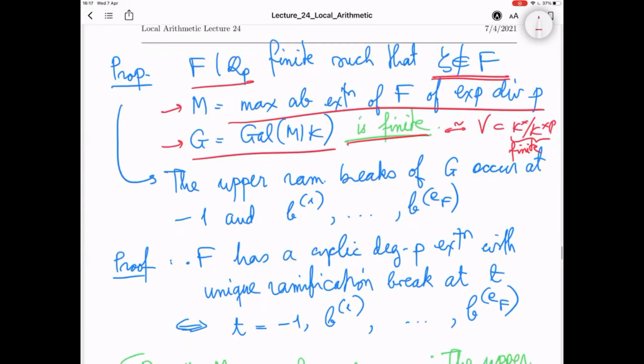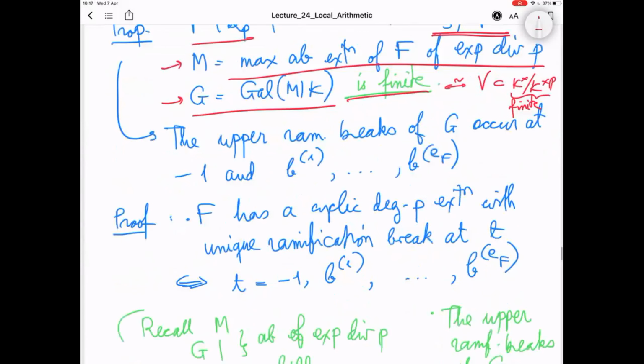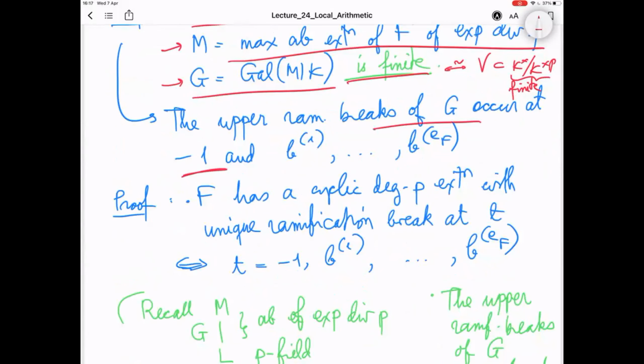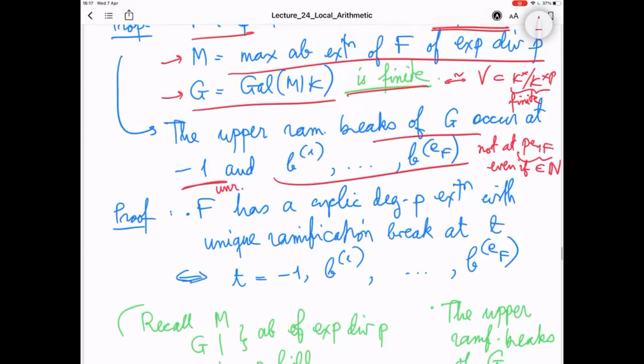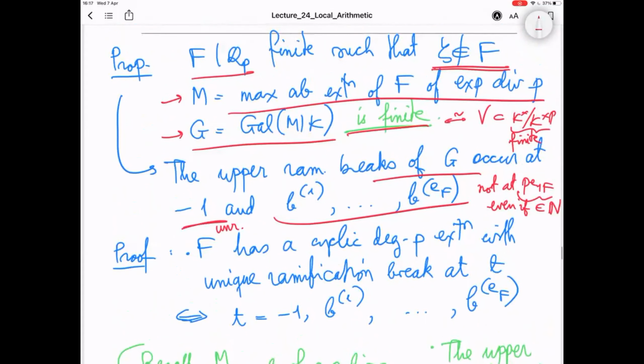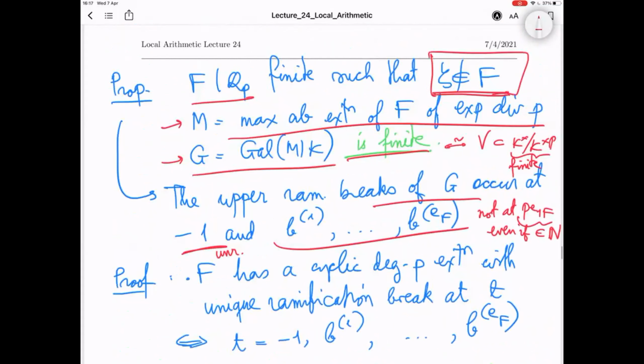Okay, so G is finite, and the upper ramification breaks occur at -1, this is the unramified case, and at these things, but not at pe_F/(p-1). Of course, this need not be an integer, but even if this is an integer, no ramification break will occur here when zeta is not in F.